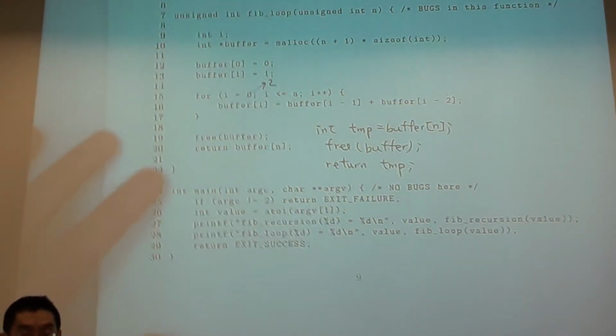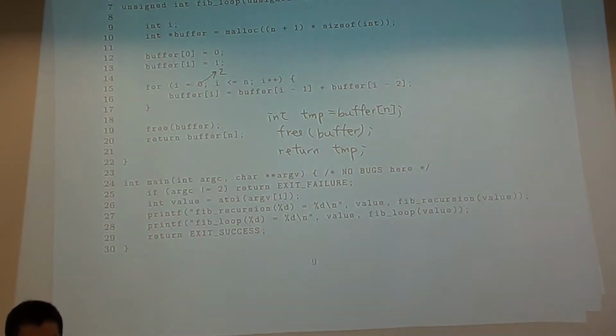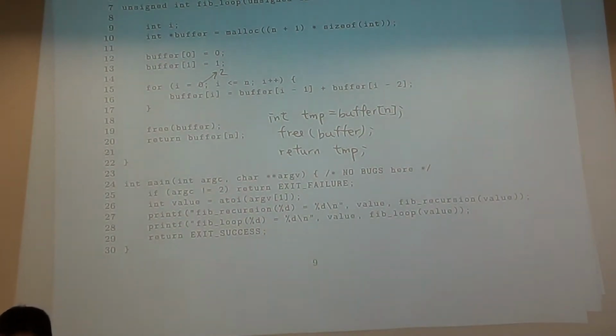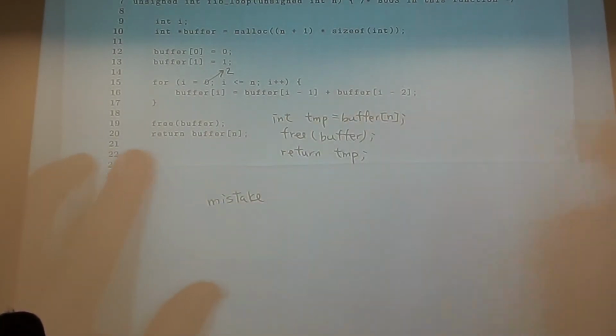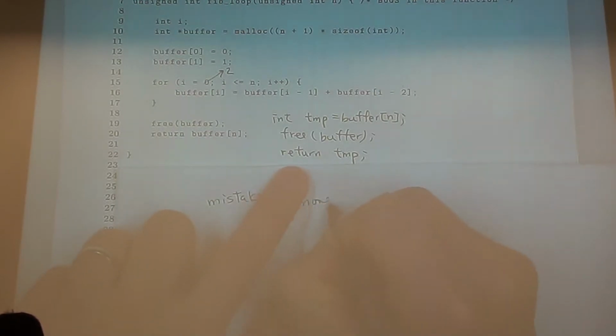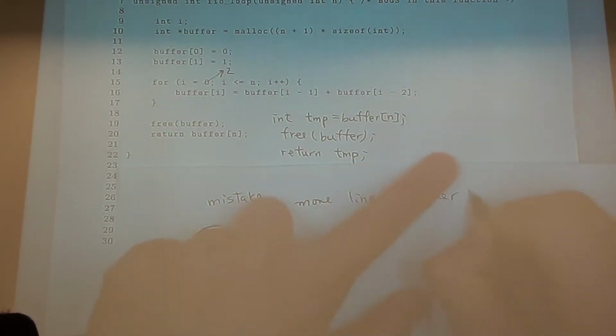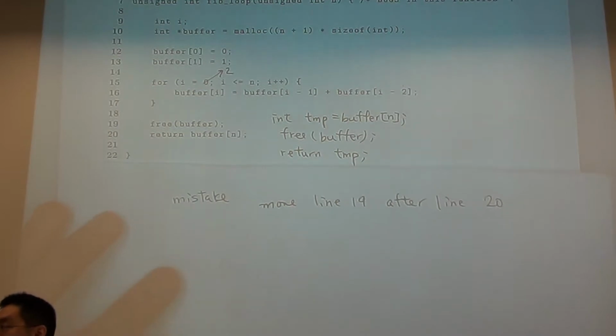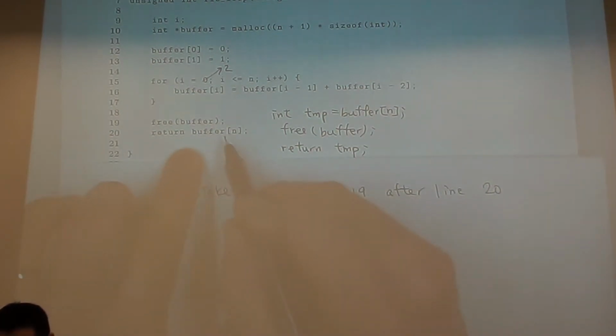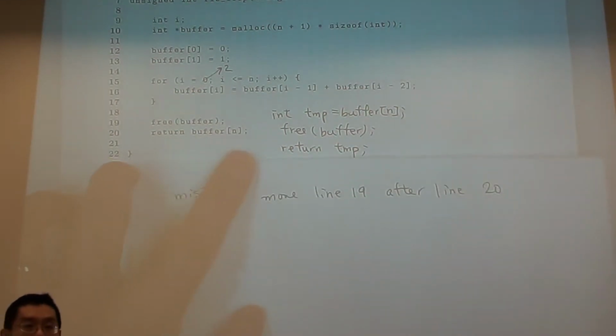That's a correct answer. A few common mistakes. First common mistake is some people say move line 19 after line 20. Why is that a mistake? Because once you have a return, anything after return will not happen.